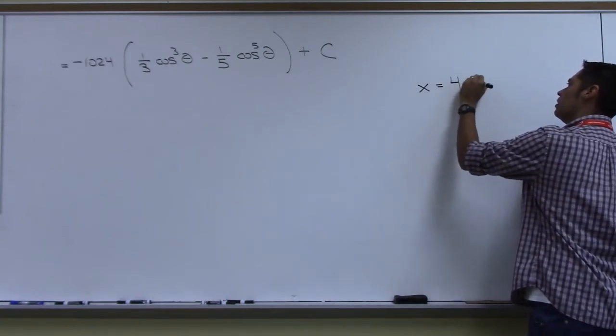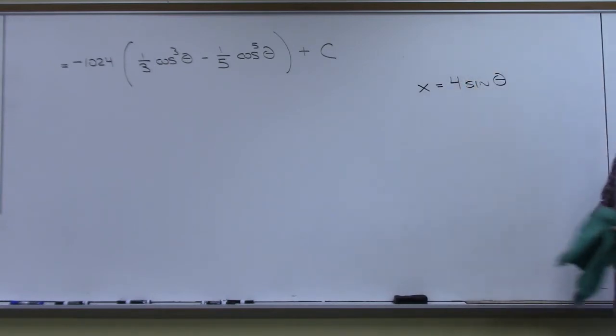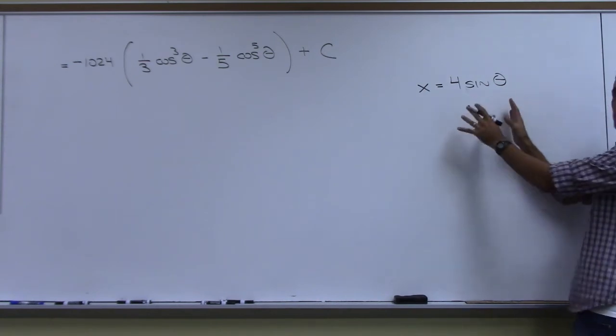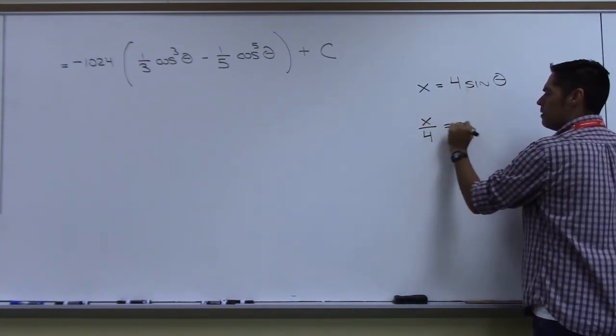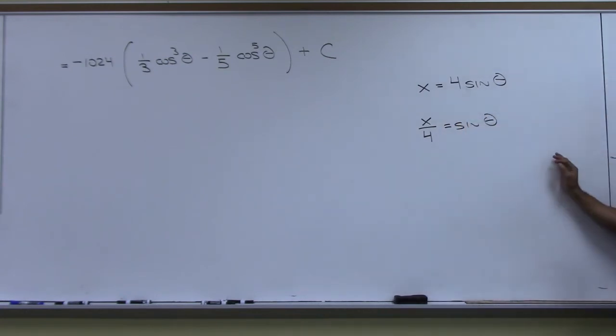Oh, shoot. So you mean I don't know what cosine theta is? I know the dx had cosine in it. But hold on. This we know is true, which means this is true. You know where I'm going with this?